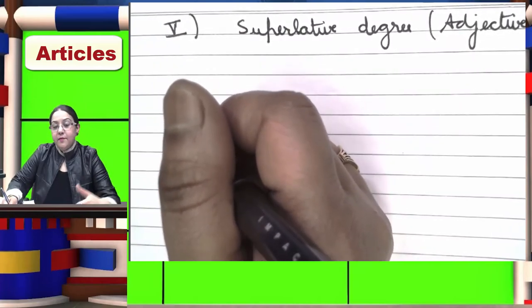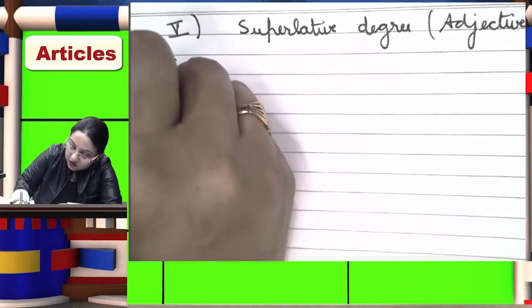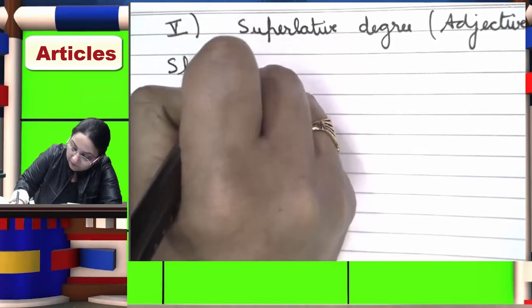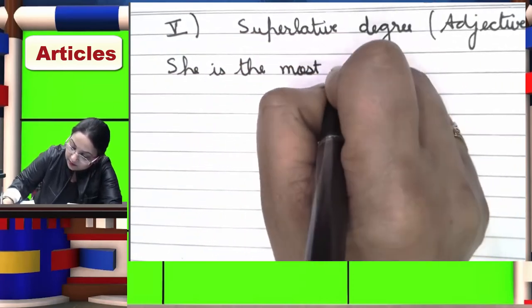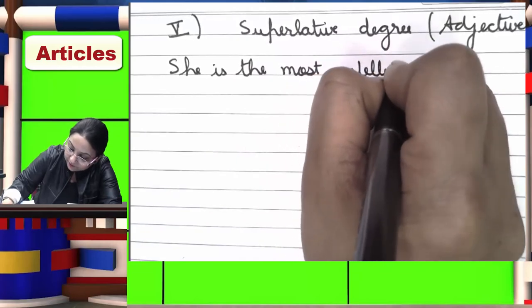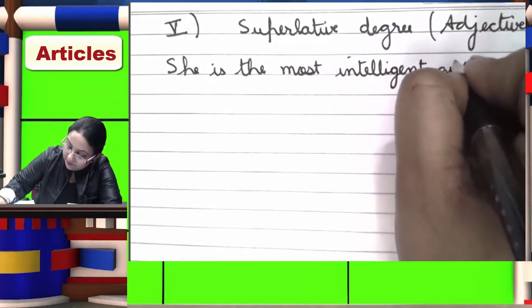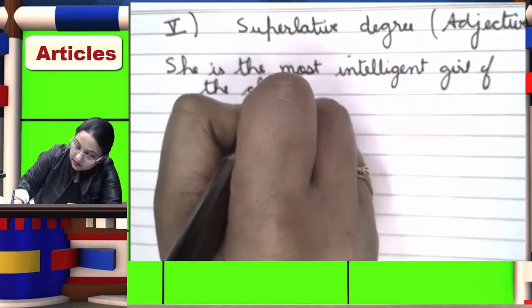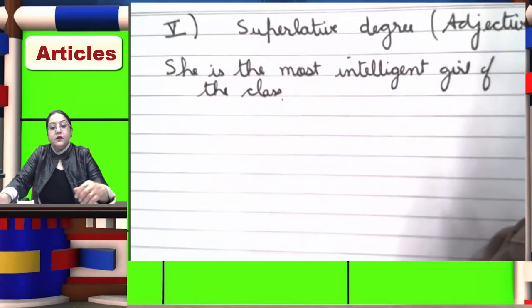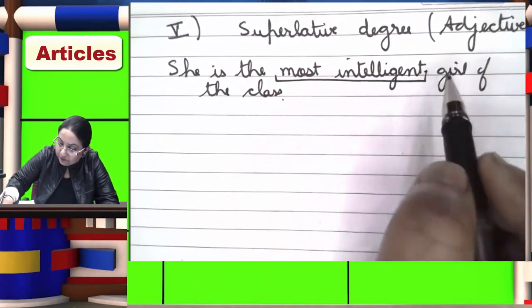For example, if I say she is the most intelligent girl of the class, here the superlative degree that I am using is most intelligent.